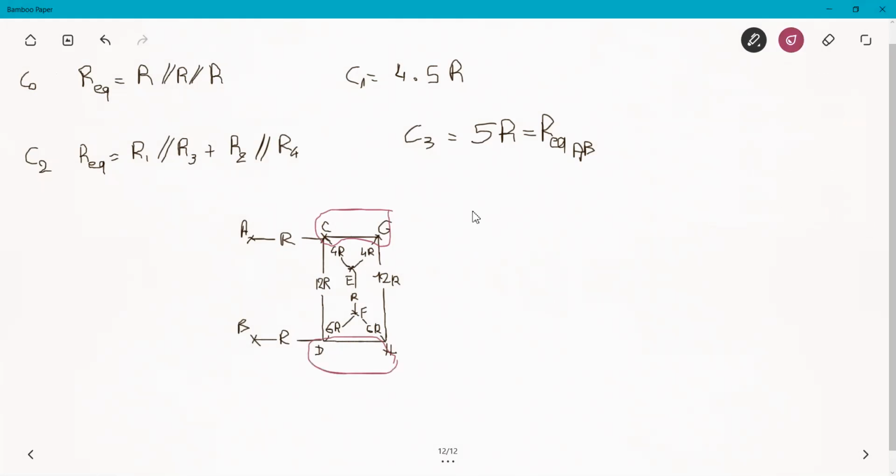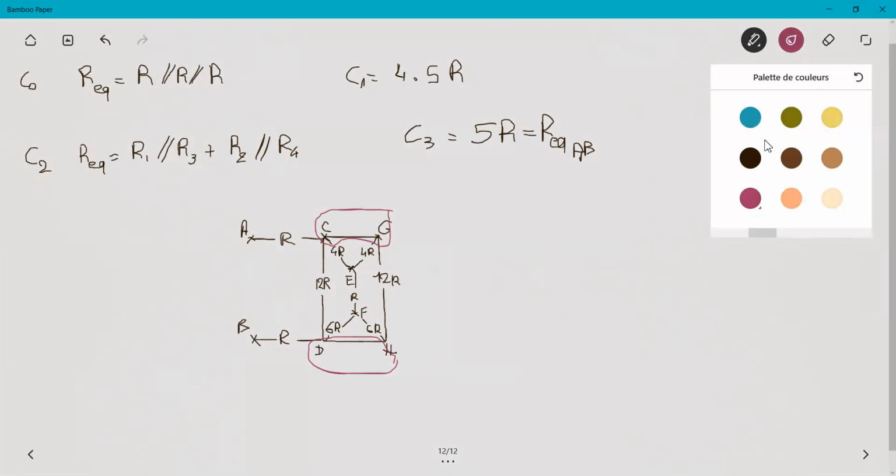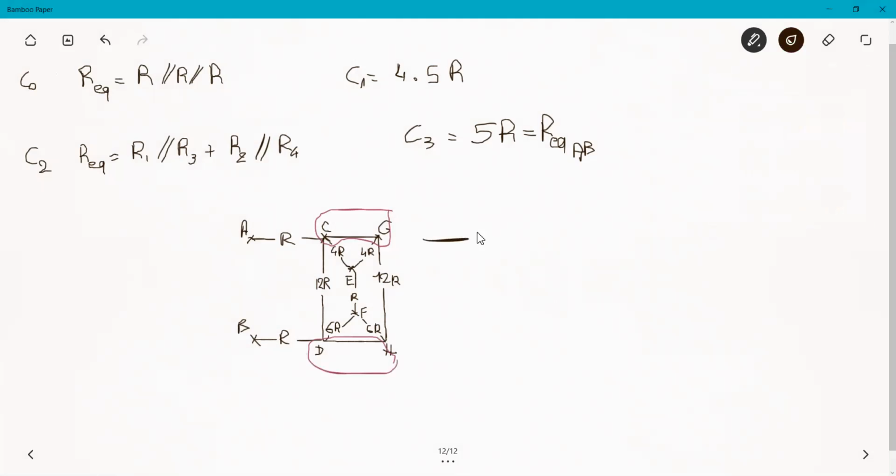Okay, so again, I'm going to try to merge and redraw the circuit.